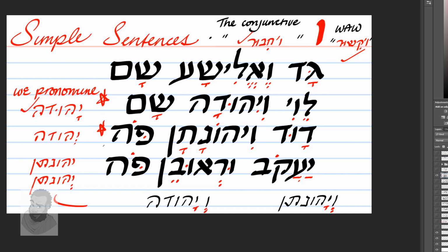So Yehudah, because remember you can't have two shuas, it becomes two shuas plus the yod. Remember? So when you have a yod, and underneath the yod is a shua, the conjunctive wow, the wow hibur, or wow kishur, it becomes we. So this is we, like the French we, okay?